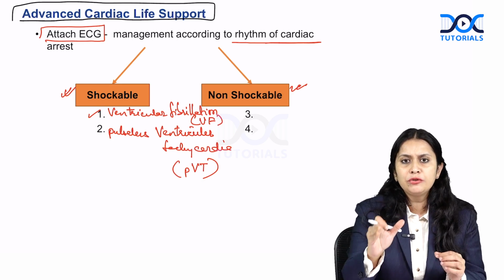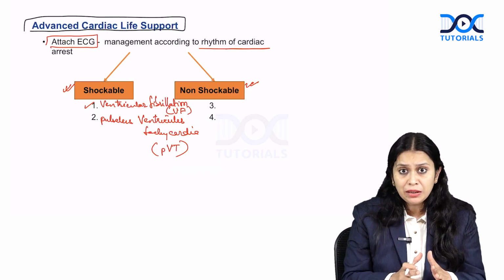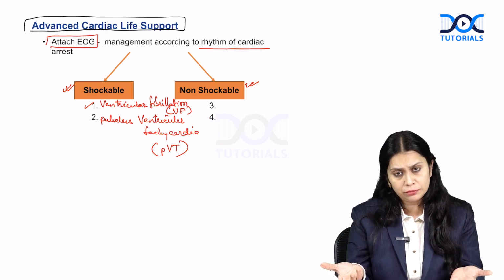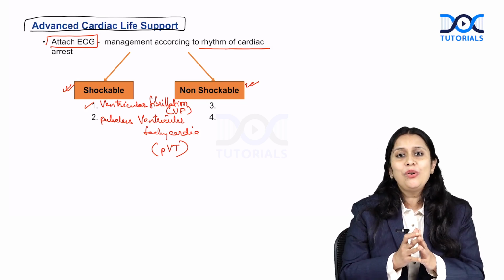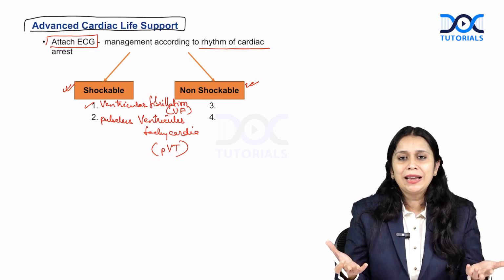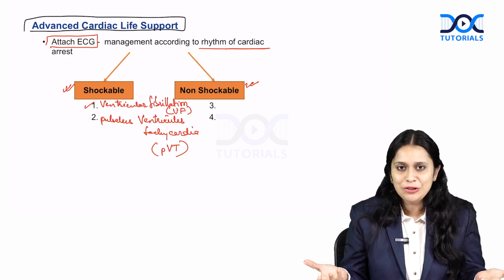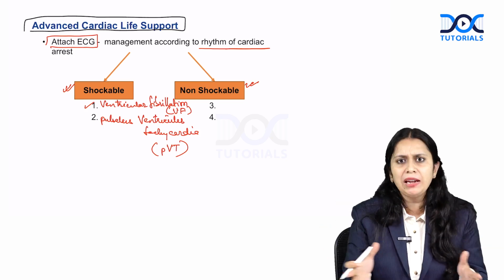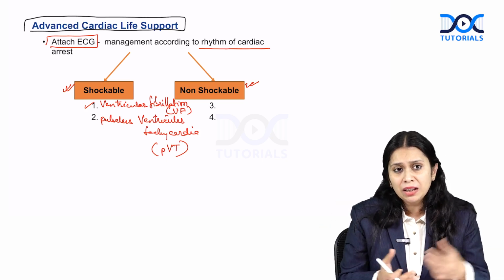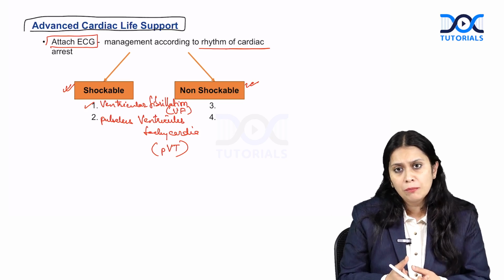And then the heart will resume its rhythm. There is a possibility of sinus rhythm, right? The natural rhythm of the heart is sinus rhythm, right? So we stop the heart and pray that the heart resumes its normal rhythm, right? And in pulseless VT, the heart is beating at a very high rate, so high that the filling of the heart is not possible.